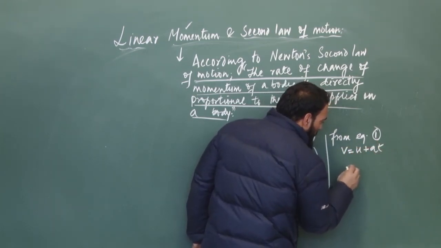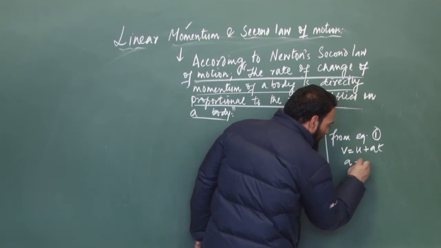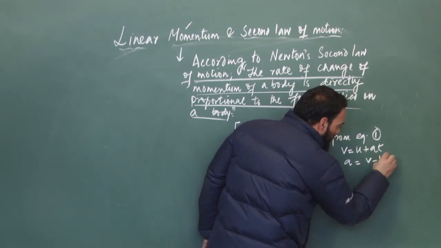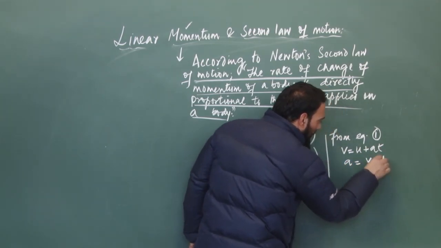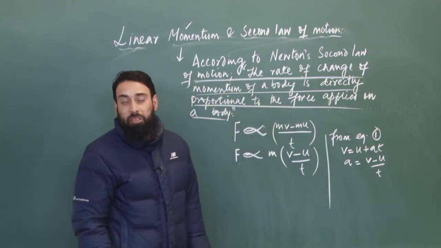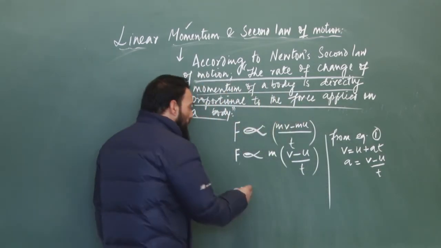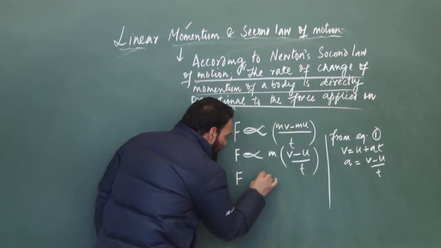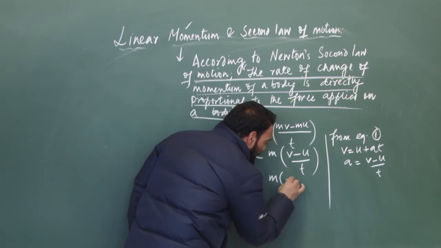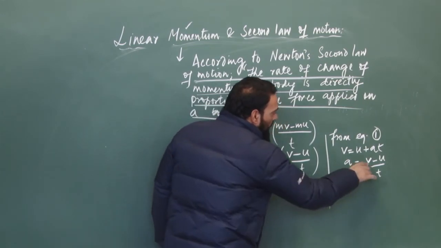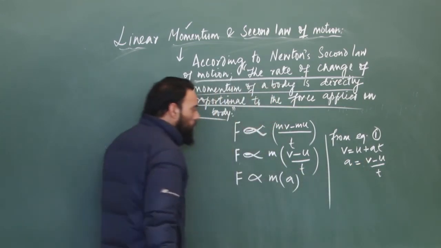So a here is equal to v minus u divided by t. The rate of change of velocity of a body is called acceleration. So I can write F is directly proportional to m into a.